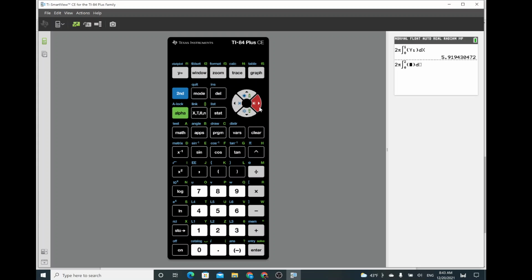Okay, so the integrand. One thing that I forgot to do for the previous one, that's right, y1, we put in the functions: x times square root of 1 plus 9x to the power 4.